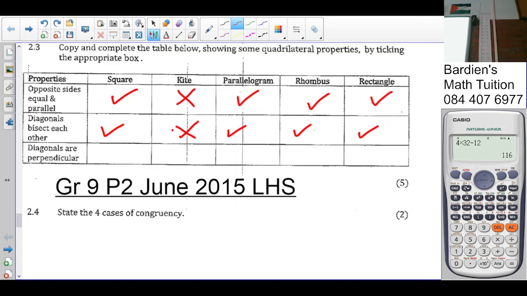Okay. The diagonals are perpendicular. Square, kite, and a rhombus. Those are the 3 shapes where the diagonals are perpendicular. Don't forget that. Very important. Often that gets asked.